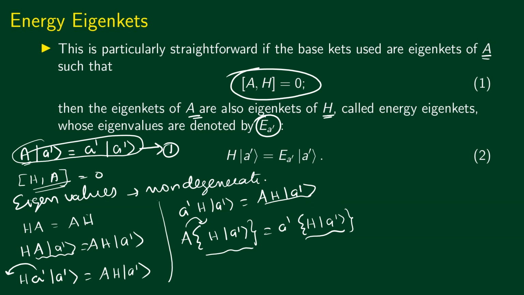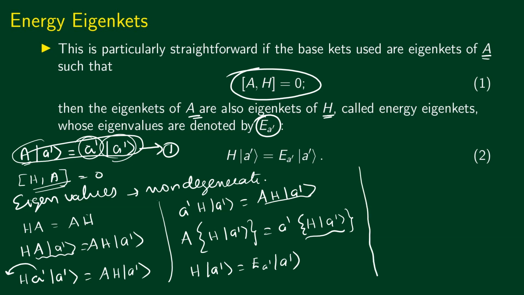Now we assumed that the eigenvalues are non-degenerate, which means that there is only one eigenket corresponding to a given eigenvalue. This means that ket A prime and H acting on ket A prime have to be the same, or they could be multiples of each other. So in general, H acting on ket A prime has to be a multiple of ket A prime.